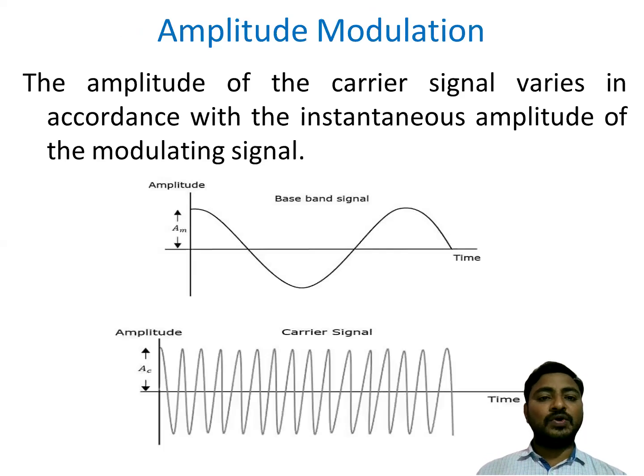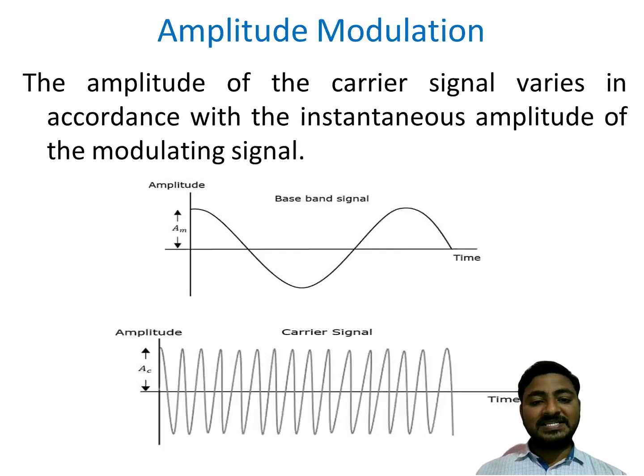Next one, first I am going to explain the amplitude modulation technique. Amplitude modulation technique means the amplitude of the carrier signal is varied in accordance with the instantaneous voltages of the modulating signal. In amplitude modulation you have two input signals.